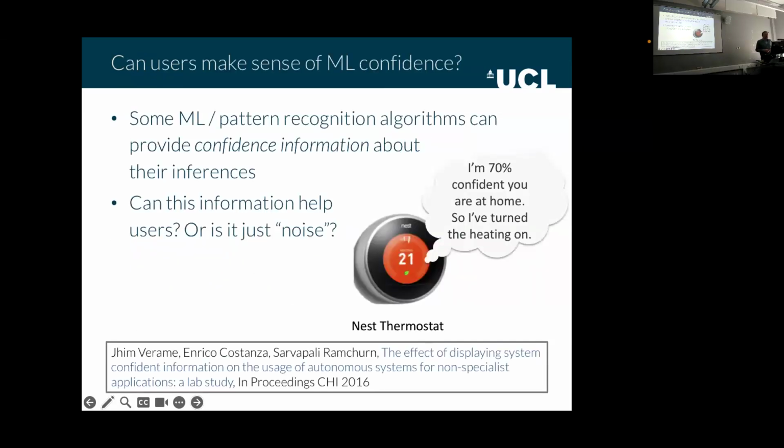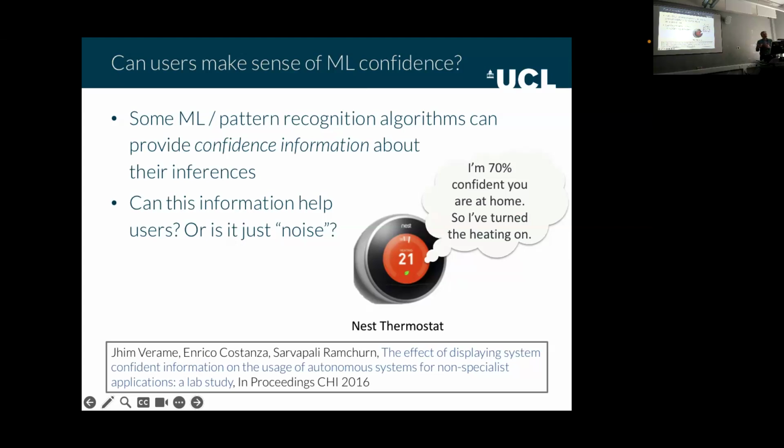One example is a study that we did around ML confidence. Some algorithms that recognize objects, for example, some pattern recognition or ML algorithms, can produce confidence data. That is a value that indicates the degree of certainty in the result produced.